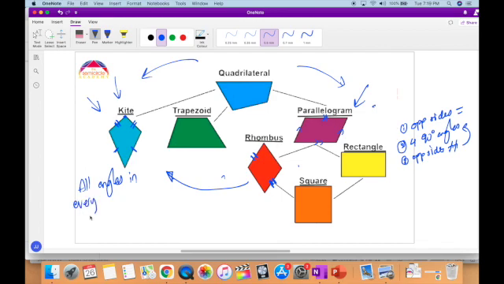Is it 360? Yes, and you could check the square: 90 times 4 is 360. So all of the angles in every quadrilateral add up to 360 degrees. You see those 2 points? The 180 degrees for triangles and 360 degrees for quadrilaterals.